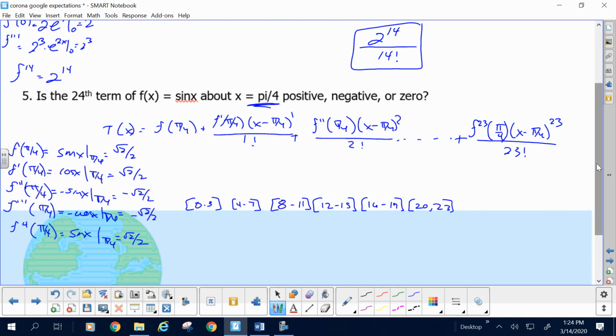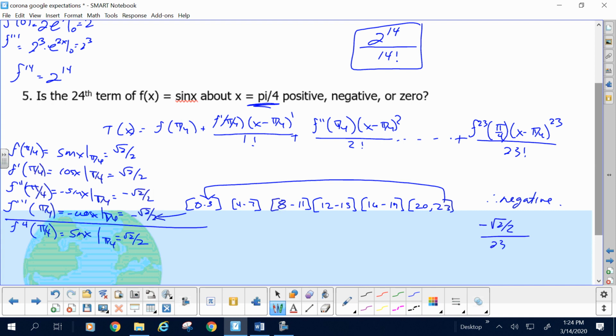Now 23 would be like the last term in the pattern. 23 would behave like 3. Well, 3 is negative, and so I would say that the 23rd term is negative. If they asked for the coefficient, I guess it would have been negative root 2 over 2 over 23 factorial.